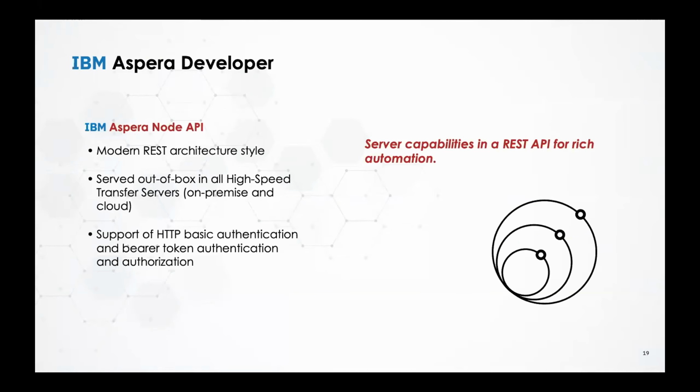So on the server side there is also an API, which uses the REST architecture style, and it is available directly in all the Aspera servers, all the high-speed transfer servers, whether on cloud or on-prem. And this service is on TLS, so secured, and we support HTTP basic or bearer token authorization.